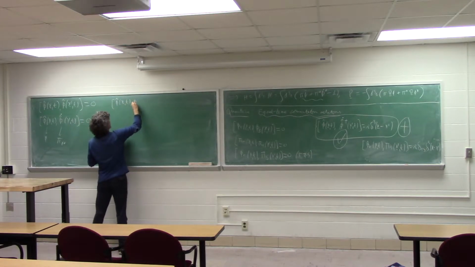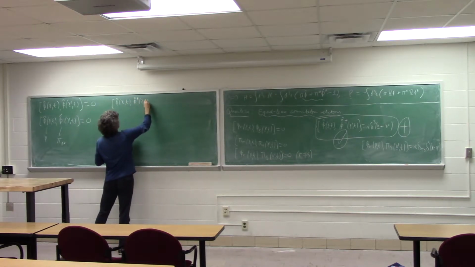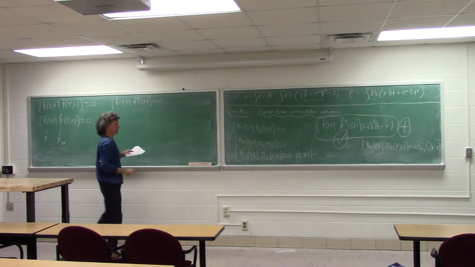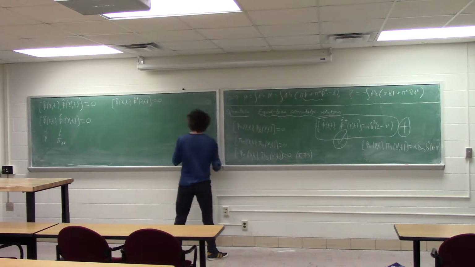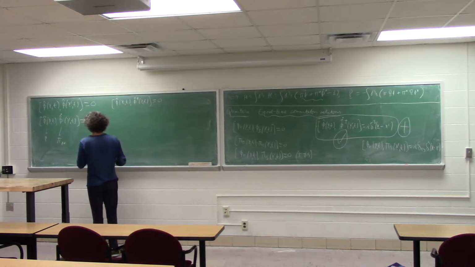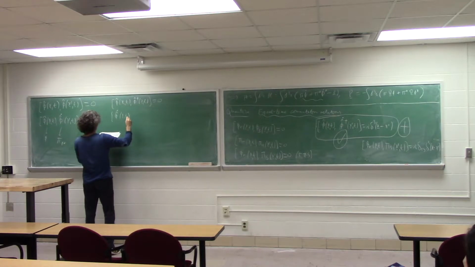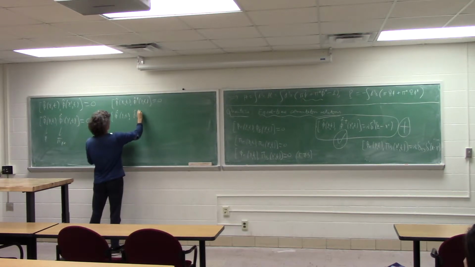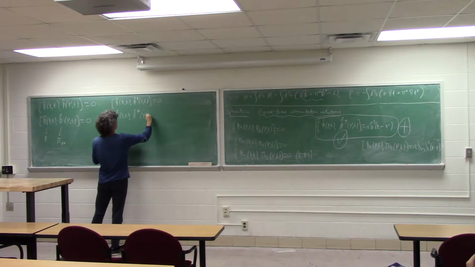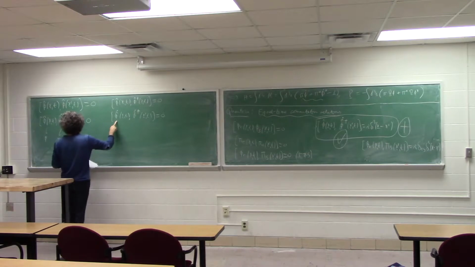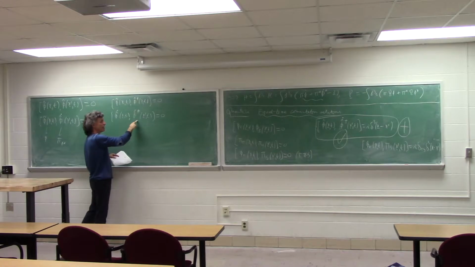Remember our different fields here are phi and phi star, or phi and phi dagger. So this means that this is 0. The canonical momenta for different fields are 0. So this is also 0. This is the canonical momentum for phi star, and this is the canonical momentum for phi.